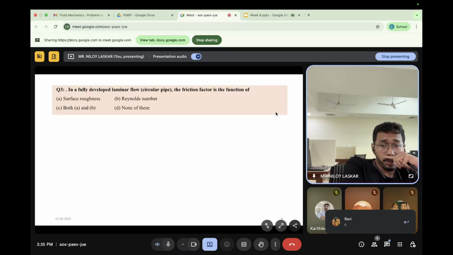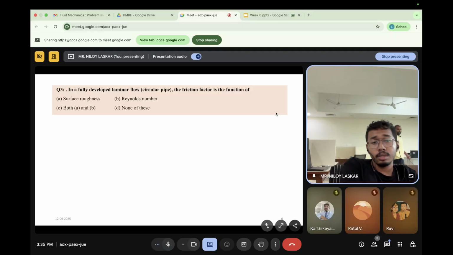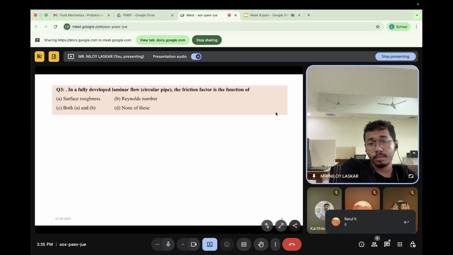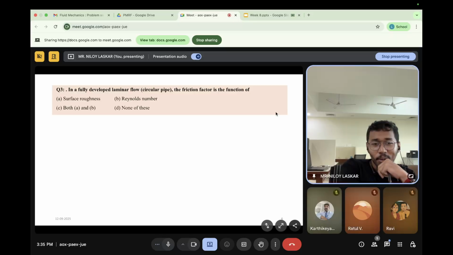So Ravi said option C. Ratul, option B. So in this question, both of you have a contrasting point of view.